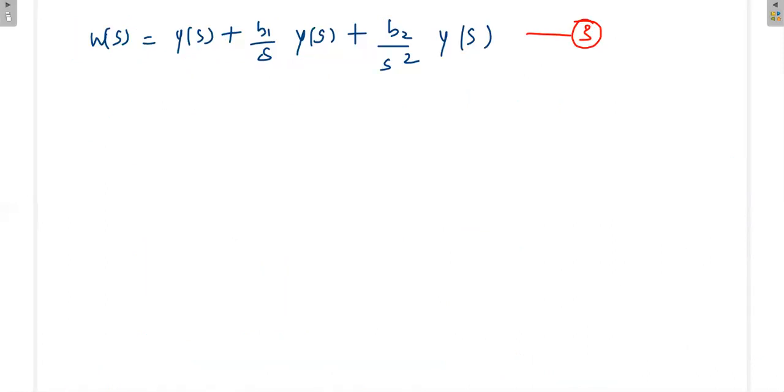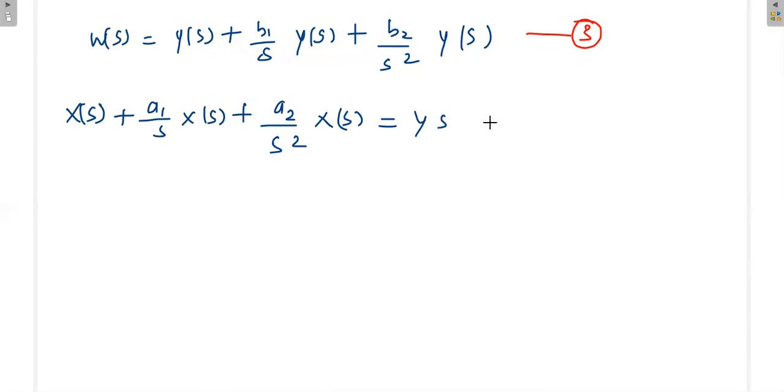If you do that, you will be getting an equation like this: X(s) plus a1 by s X(s) plus a2 by s square X(s) equal to Y(s) plus b1 by s Y(s) plus b2 by s square Y(s).